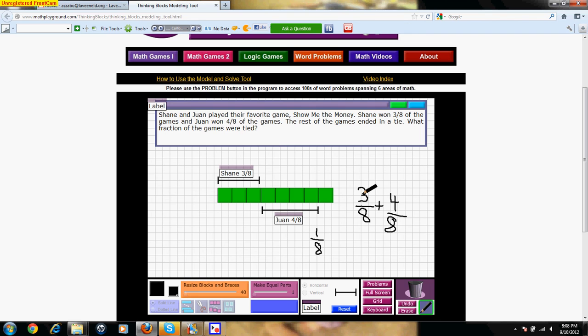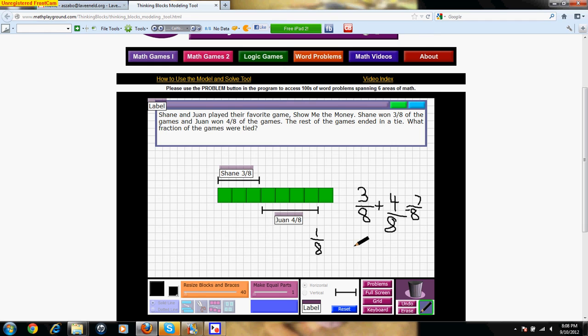And I'm going to add these up. And when I add, if my denominators are the same, I can go straight across. I'm sorry that this is crooked. 3 plus 4 is equal to 7/8. So that's the amount that they won.